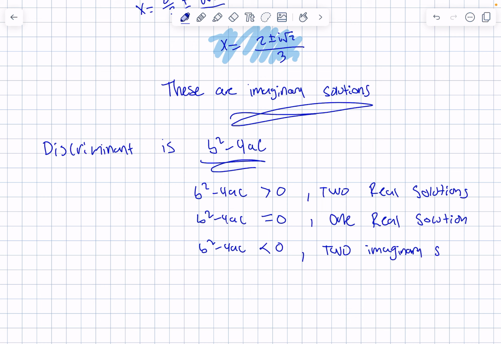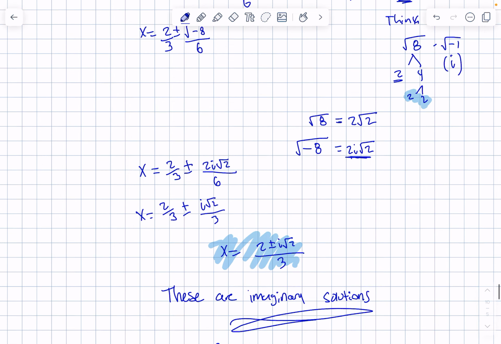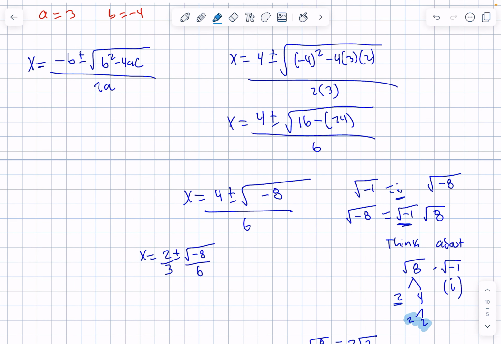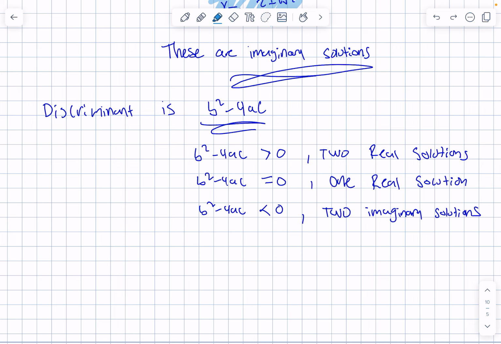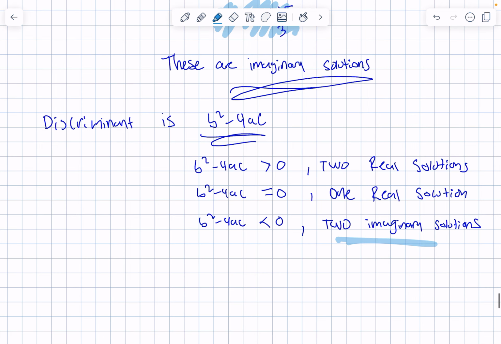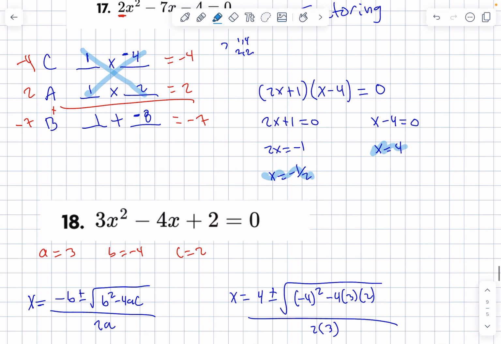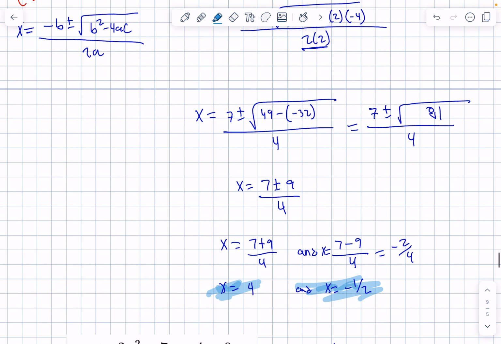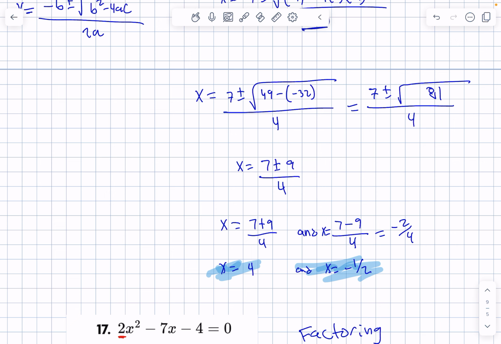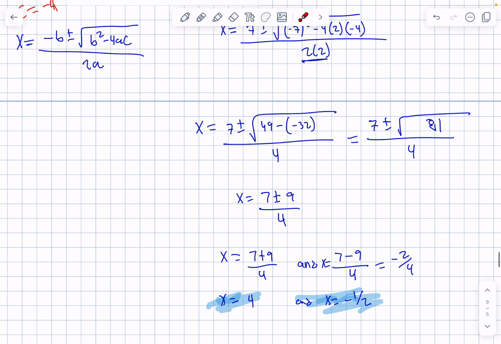So we know that our discriminant here was negative 8. So since it was negative, we have two imaginary solutions, right? And you should think about what the other solutions were. For example, here our two solutions were real numbers, and our discriminant here was positive.